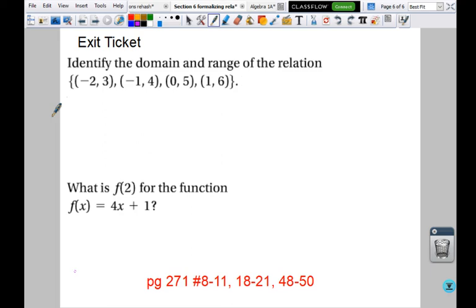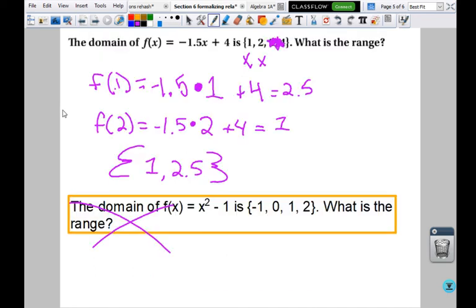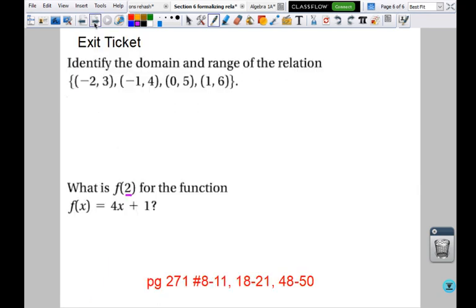For the first part, you're going to list the domain and then list the range. For the second part, it's just like what we did, but you're only plugging in one thing. You're plugging in the number 2 for x. When it says what is f of 2 for the function, that means plug in 2 for your x and then calculate it. On the last slide, we plugged in 2 things. On this slide, we're just plugging in 1 on your exit ticket.